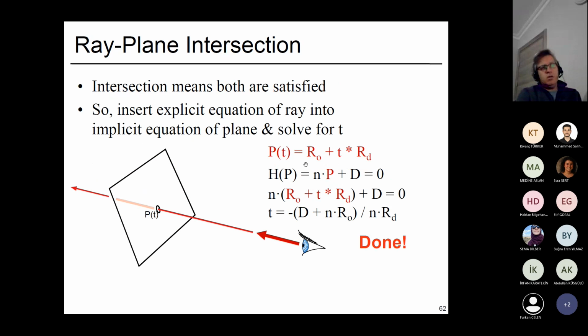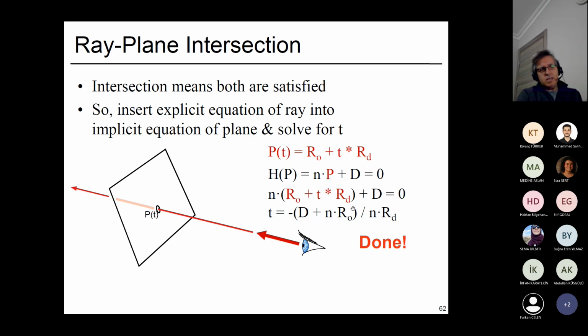So if I place this in my plane equation and say this point should be on the plane, then I have this equation, and t is simply d plus n r0 divided by n times rd.